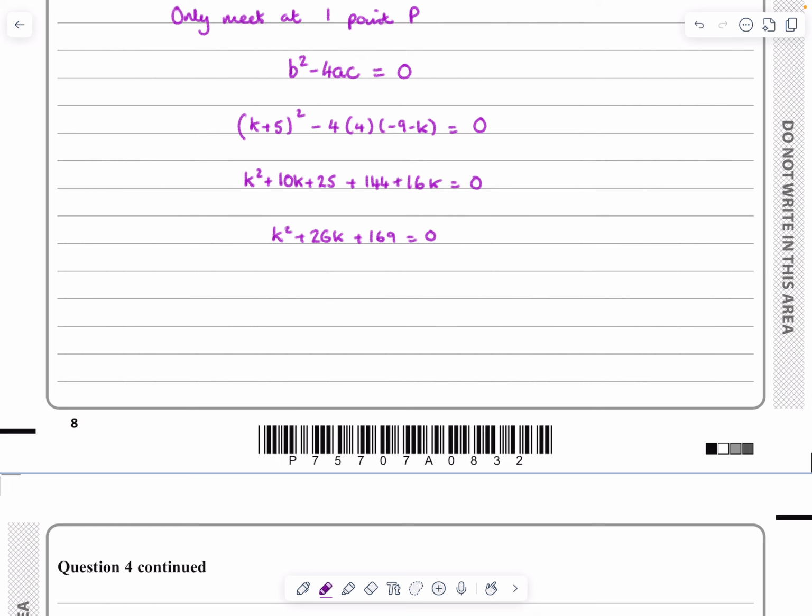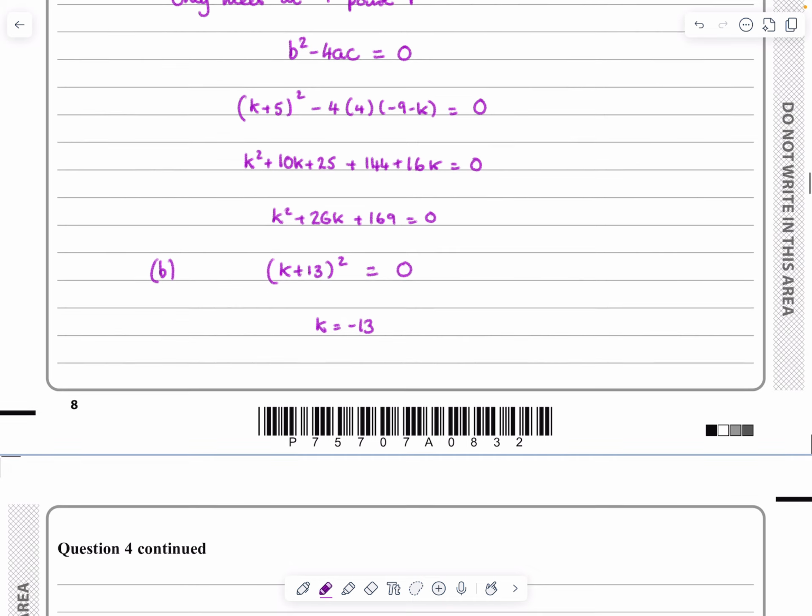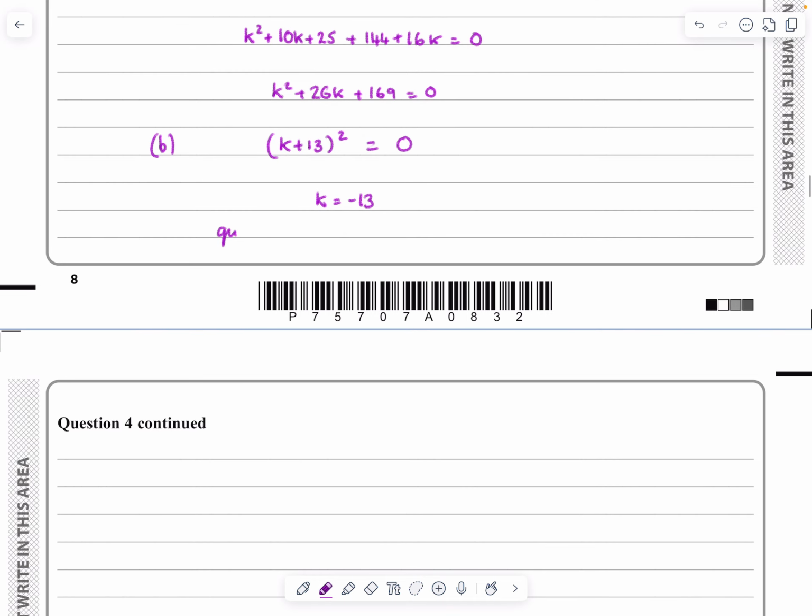You can do it using the formula or anything else, but I'm just going to say that that's k plus 13 squared equals 0. Factorize it whichever way you want, use the quadratic formula, but we're only going to get k equals minus 13. I only wanted one value, didn't I?